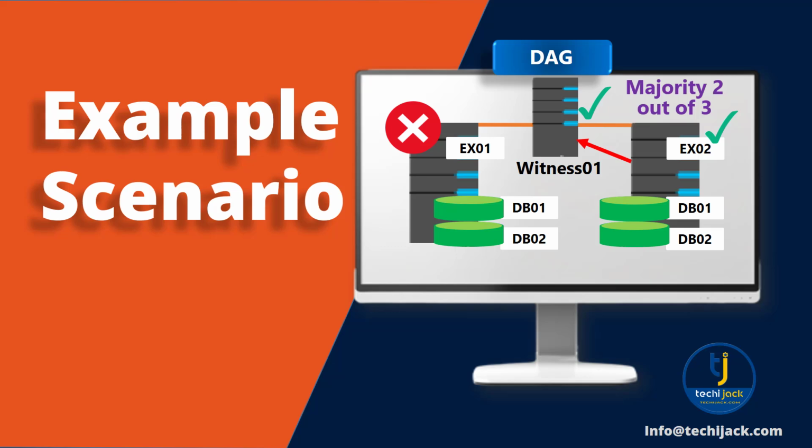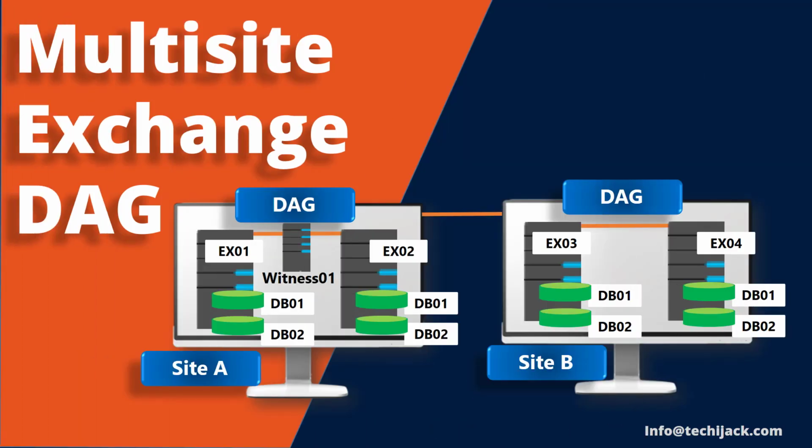Let's also have a look at a witness server in a multi-site Exchange DAG. If you have 2 or more Exchange servers in site A and the same 2 or more Exchange servers in site B, and the witness server in one of the sites, usually it should be in site A. This is the condition of an extended DAG. It works on a quorum basis.